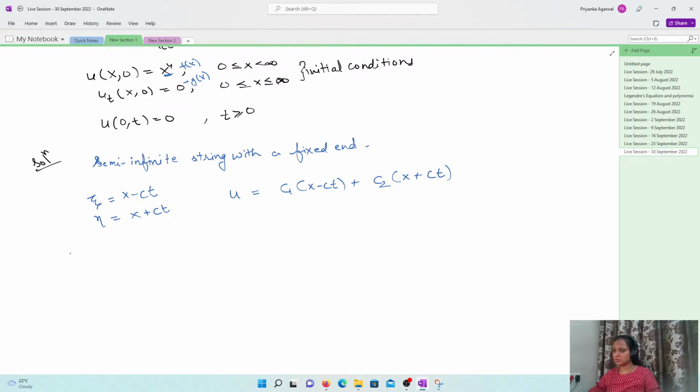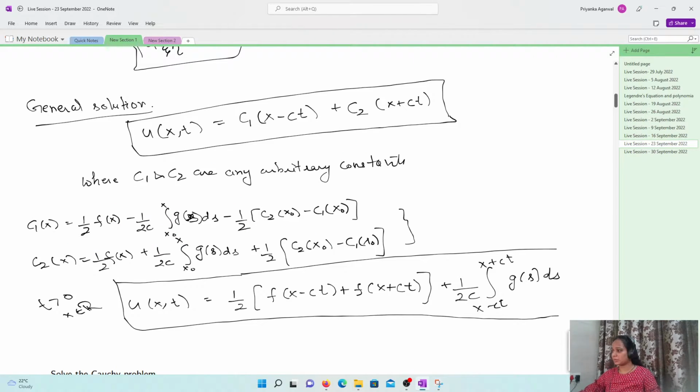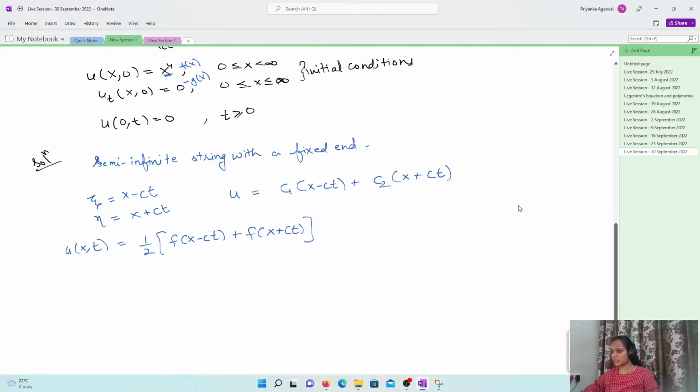So then u(x, t) can be written as 1/2 [f(x minus ct) plus f(x plus ct)]. And the other function, you know very well, g is 0. So just for the sake of completion, I shall write it.